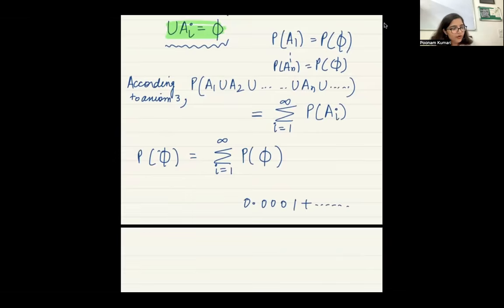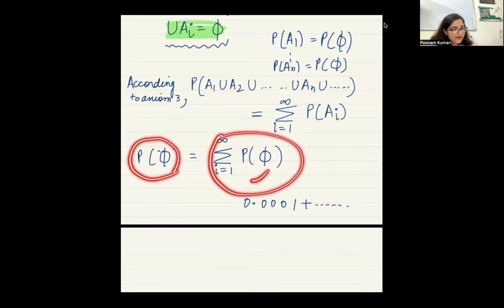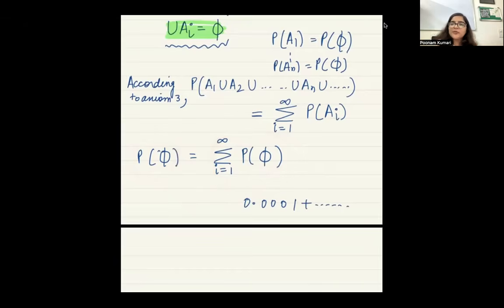So this side can never be equal to this side, because this side will become infinity the moment you have any positive number as the probability of phi. So what is the only possibility under which this side will be equal to this side? 0. Only when the probability of phi is 0, right? So that is how we have proved it.